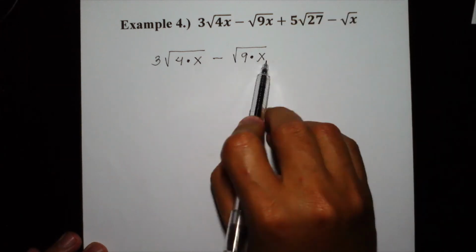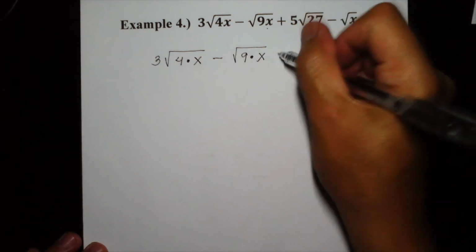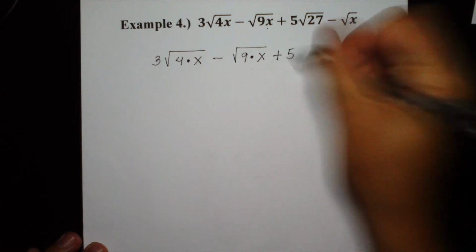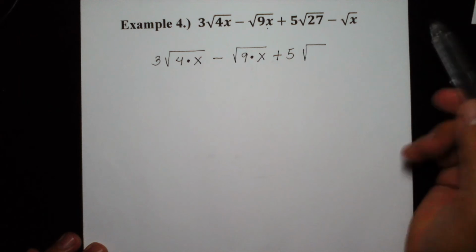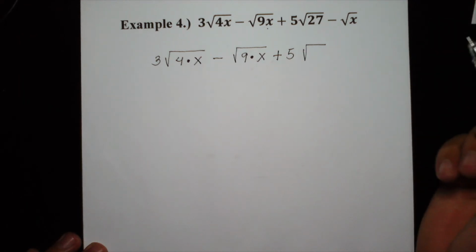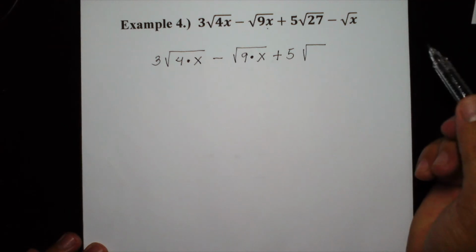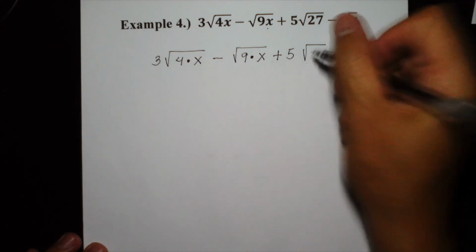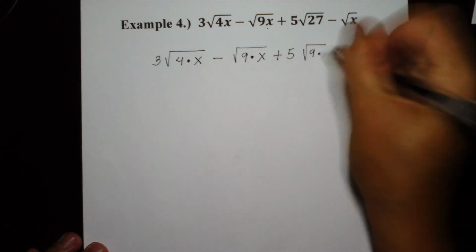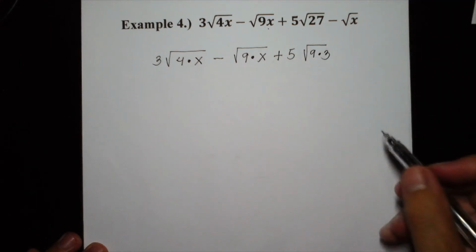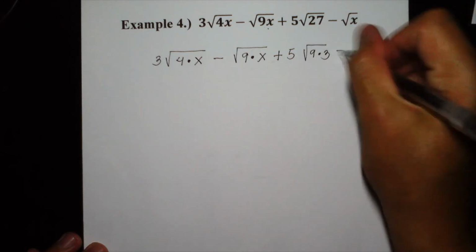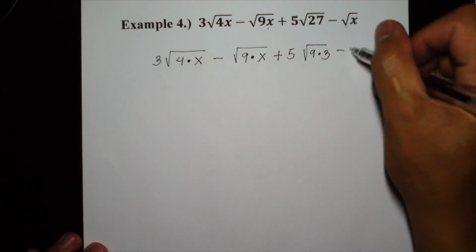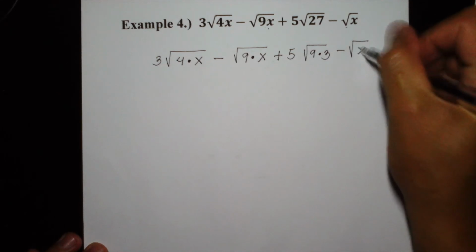When you multiply, that will be 9x plus 5 square root of 27. Can you factor 27? Think of two numbers wherein one of the two numbers is a perfect square. So we have 9 times 3. Okay, when you multiply that one, that will be 27 minus, still remaining square root of x.